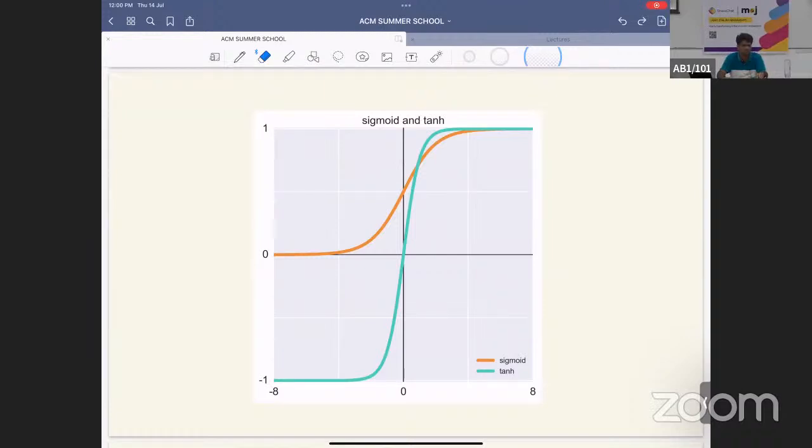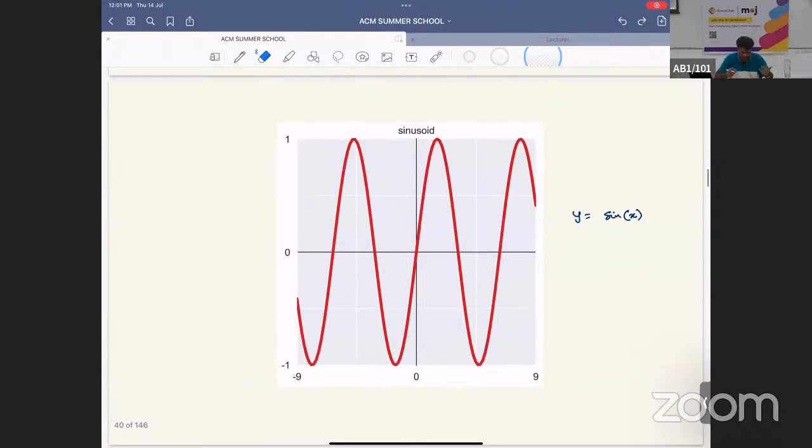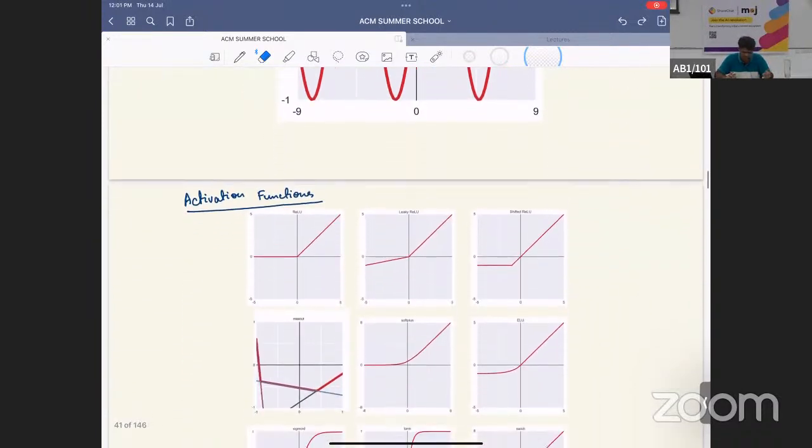So using some good activation function for your problem may accelerate this thing, because as we saw, the ReLU leads to dead neurons, and other things have some more computation involved. So there are different challenges you face. Okay. So this is sigmoid and tanh, and some people use sin x also. So it's also a nonlinear function. You can use it. So these are some choices.